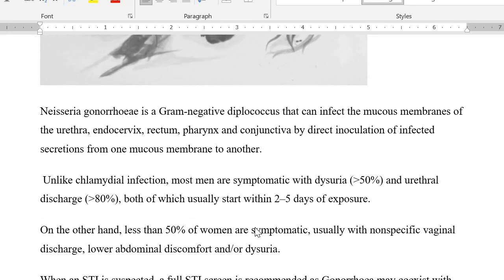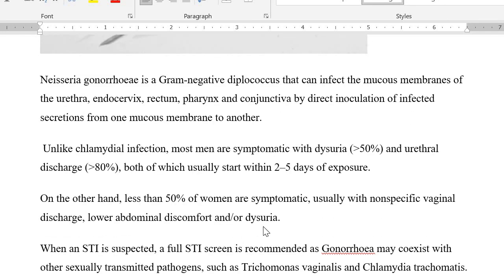Unlike chlamydial infection, most men are symptomatic, with dysuria in more than 50% and urethral discharge in more than 80%, both of which usually start within 2 to 5 days of exposure. If the patient had unprotected sexual intercourse 5 days ago, within 2 to 5 days they can develop symptoms.